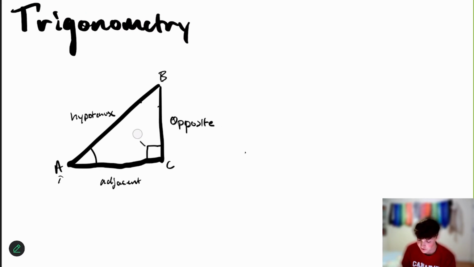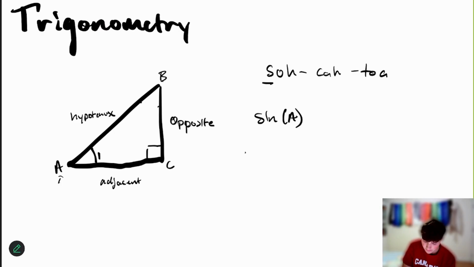But let's actually get to the most important saying in trigonometry. Well, it's SOHCAHTOA. Probably seen this if you've taken trig before. What this is saying is, the sine of some angle, we'll call it angle A, so that's this angle down here, right?